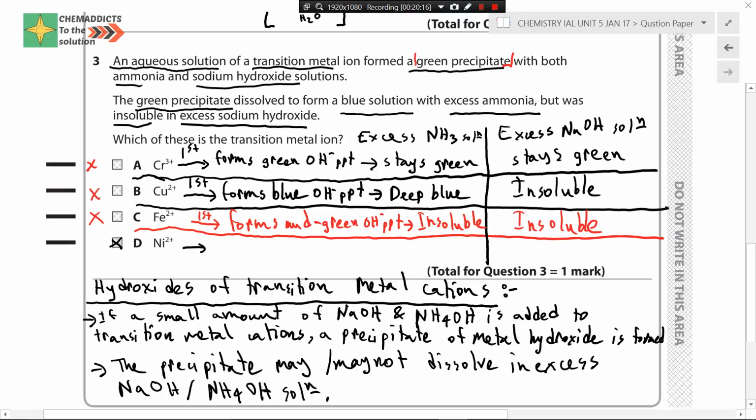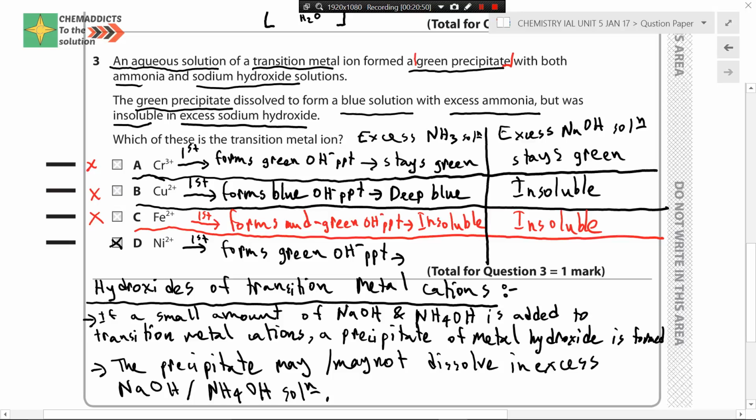If we first add both ammonia and sodium hydroxide solution to this transition metal ion, that is this nickel 2 plus metal ion, it first forms green hydroxide precipitate.